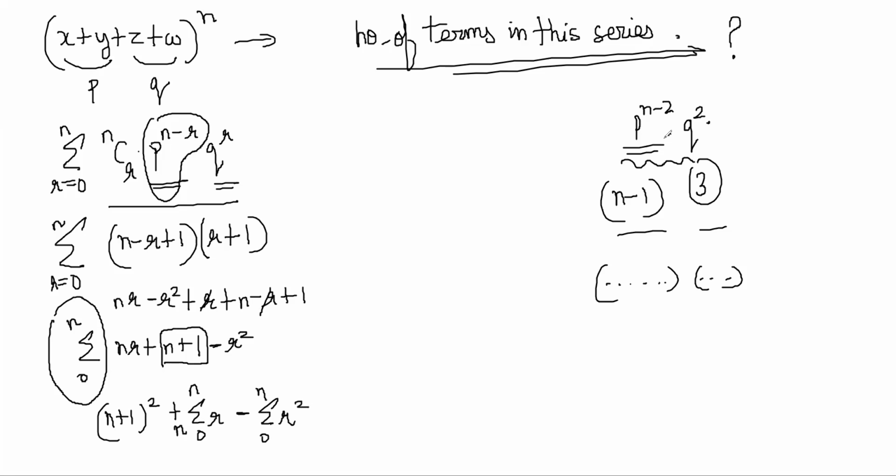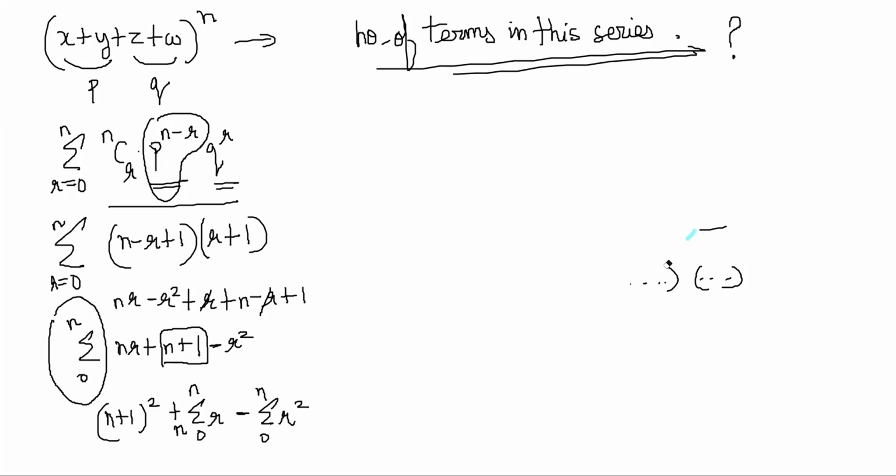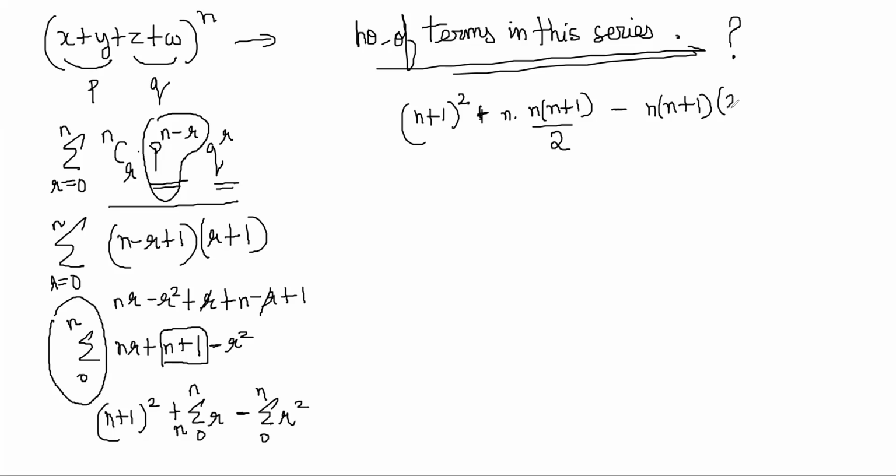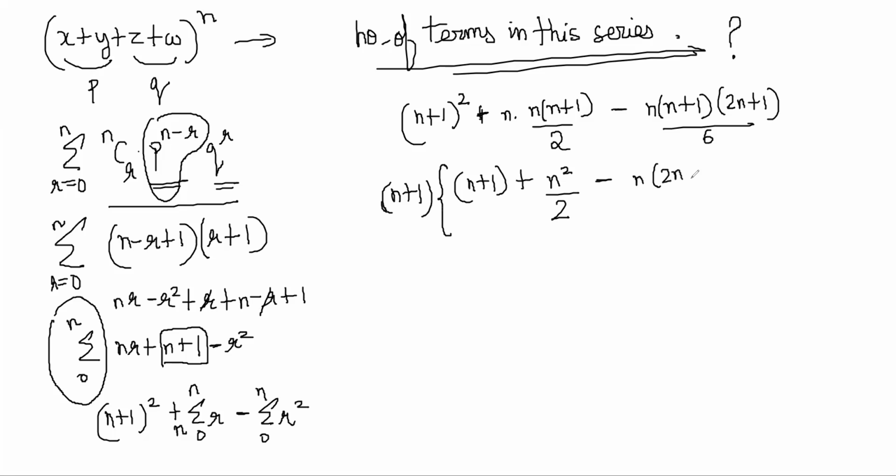Correct. So now you can do that easily. The summation of r from 0 to n is n into n plus 1 by 2. So we get n plus 1 whole square plus n into n plus 1 by 2 minus n into n plus 1 into 2n plus 1 by 6. Now you can take n plus 1 common from everything. It becomes n plus 1 plus n square by 2 minus n into 2n plus 1 by 6.